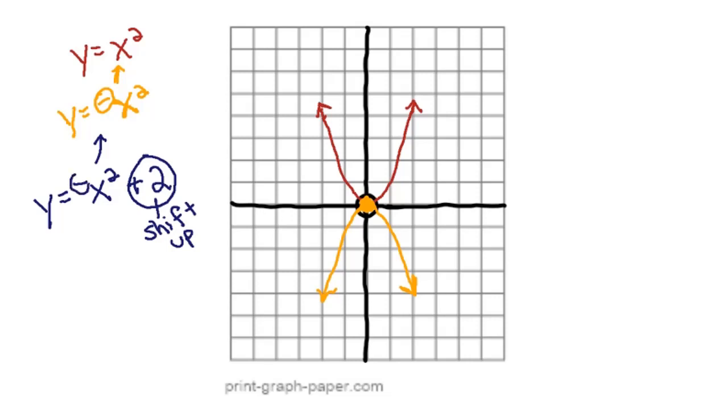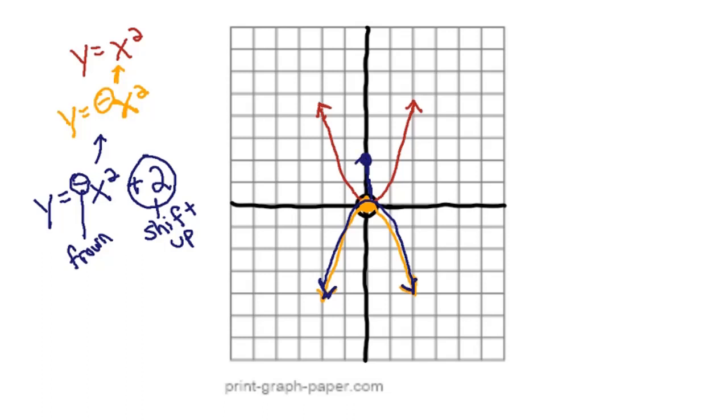But since we also have a negative, it's going to be a frowny face, not a smiley face. So we're going to take this negative x squared frowny face that we made in the last one, and we're going to shift the whole thing up 2 points or 2 blocks. So 1, 2.